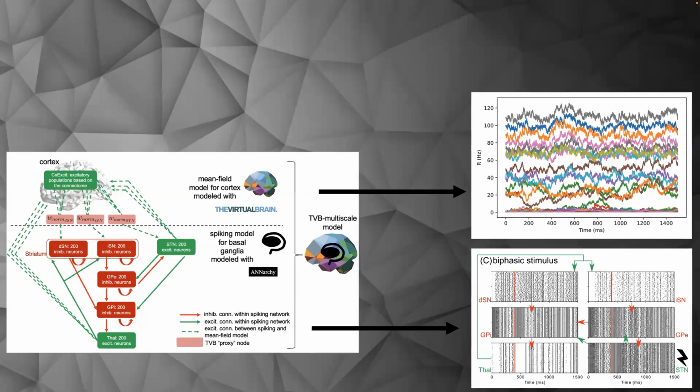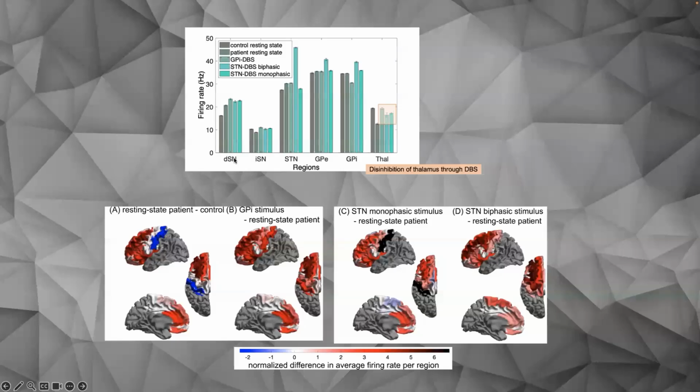The reason was that we wanted to show how the basal ganglia deep brain stimulation can improve between control and patient resting state activity. What you see here is that we modeled a control subject network, and a patient one.